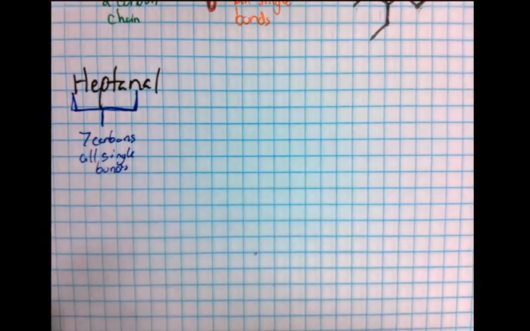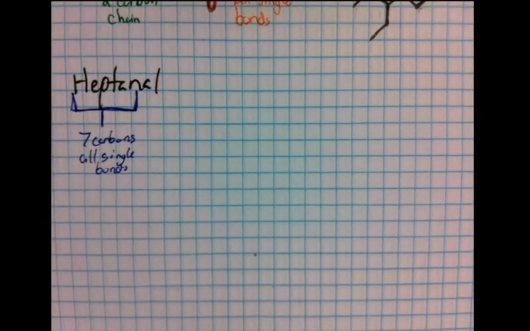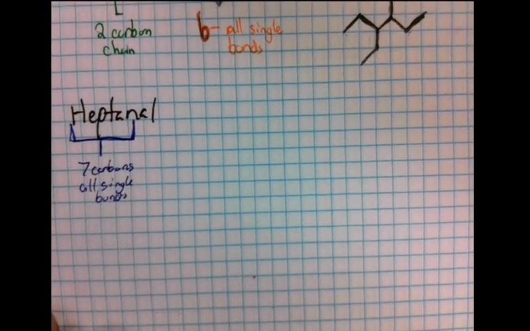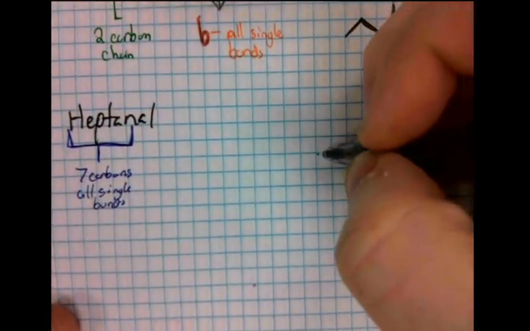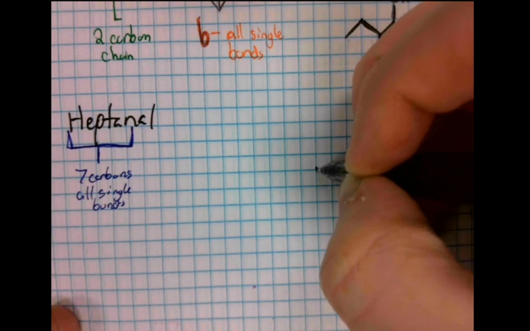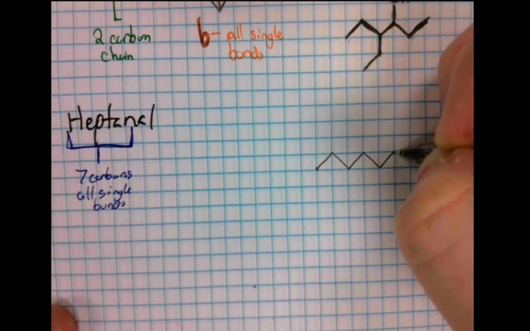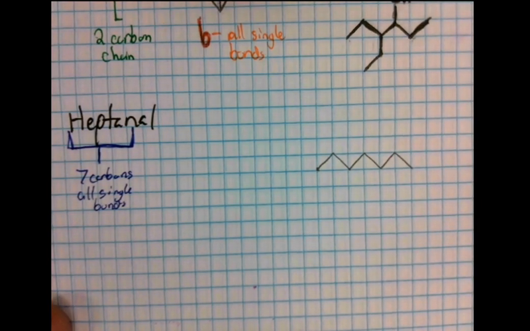Hept means 7 carbons. An means all single bonds. So we know our parent chain is going to be 7 carbons with all single bonds. So I'm going to go ahead and draw that. Got 1, 2, 3, 4, 5, 6, 7.